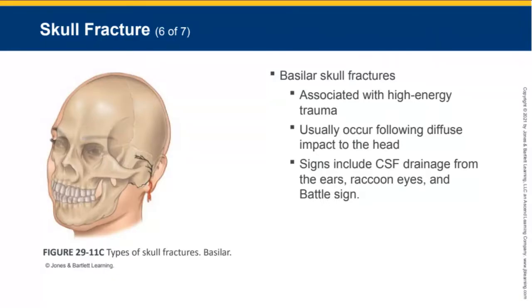Then you have the basilar skull fracture, the base of the skull. This fracture is also associated with high energy impact or trauma, usually occurring following diffuse impact to the head, and the signs include CSF draining from the ears, which is the Battle sign, and blood pooling around the eye area, that's the raccoon eyes, ecchymosis.